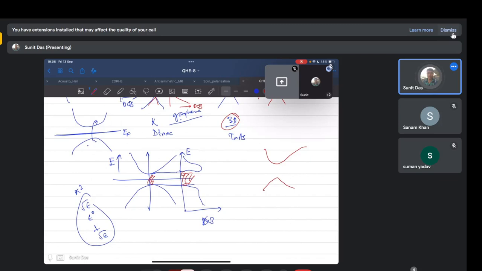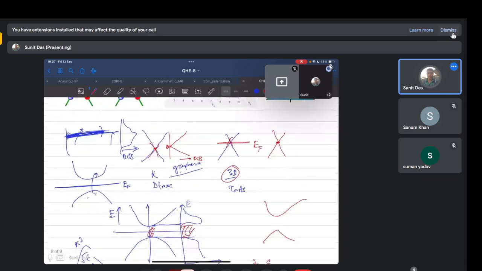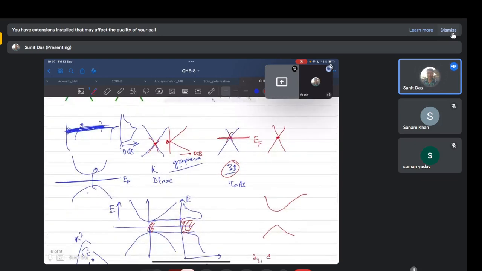That's why we call it topological. There are various types of topological insulator. It might be Z2 or simply a Chern insulator type of thing, where edges conduct, and because of that we'll have some anomalous Hall effect and so on. So this is the simplest definition, but there are many other rigorous ways of defining it.